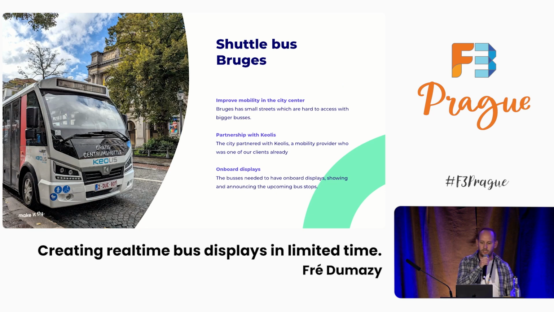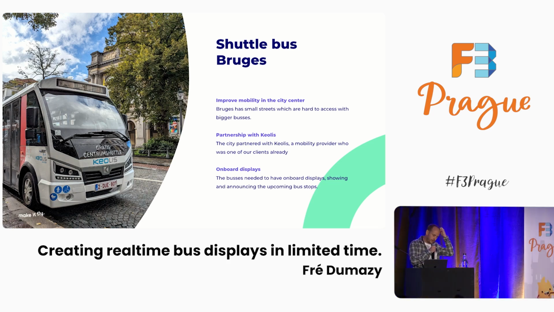About this shuttle bus: if you have a historical city, it comes with some challenges when it comes to mobility, and it's not always easy to have big buses go through every street in the city. So the city of Bruges wanted to make that better, and they skipped a few of the bigger buses and replaced them with smaller shuttle buses that just circulate the center.